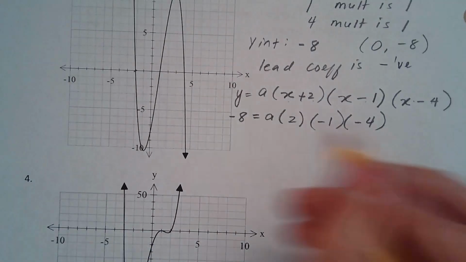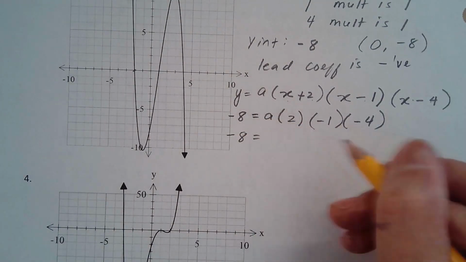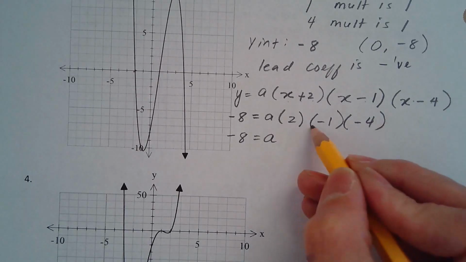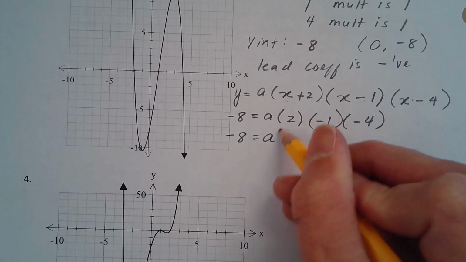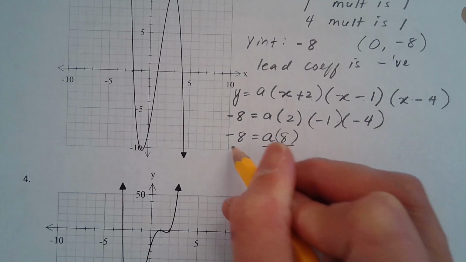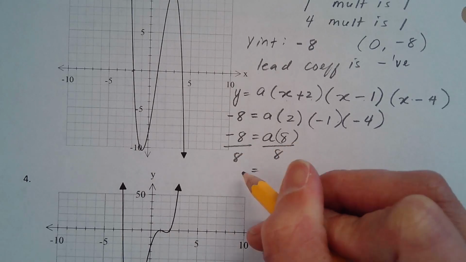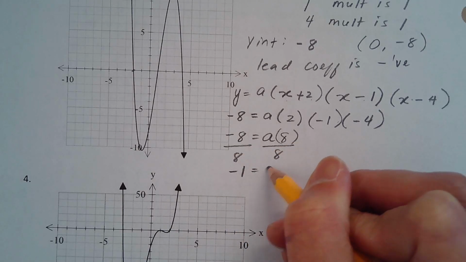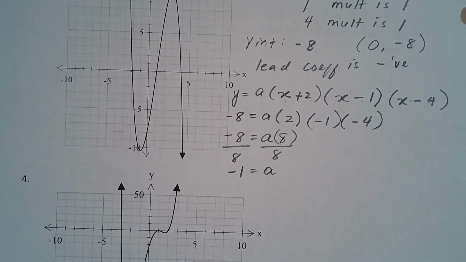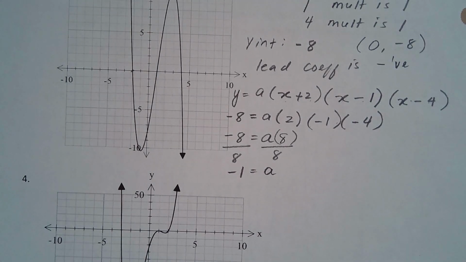So that gives us negative 8 equals A times positive 8. So divide by 8. So A is equal to minus 1. So the lead coefficient is negative 1.